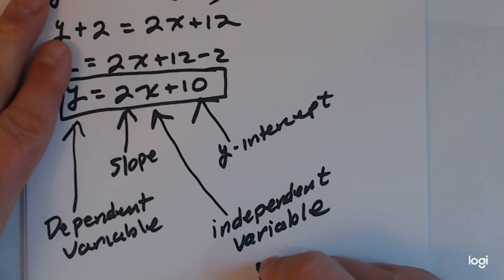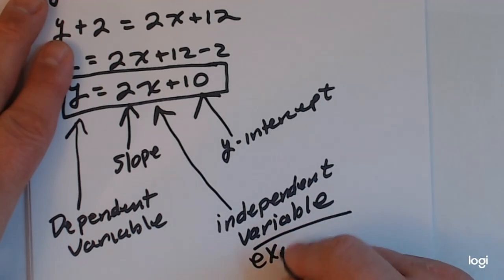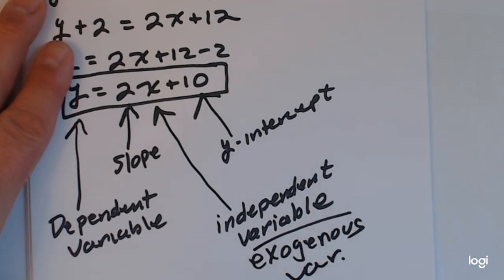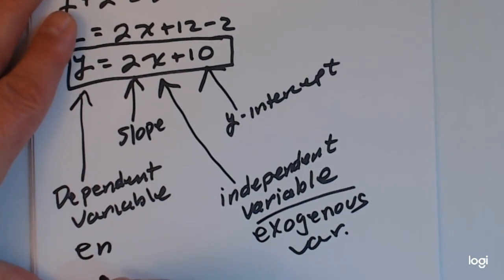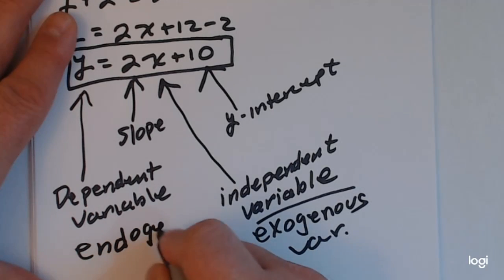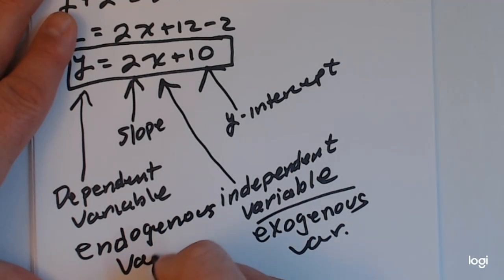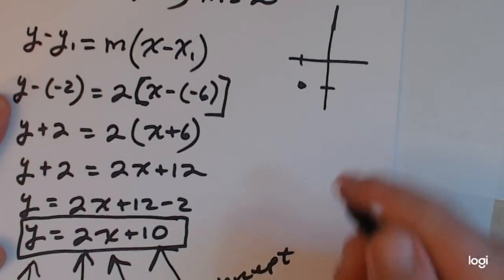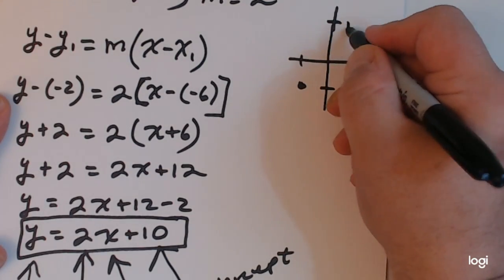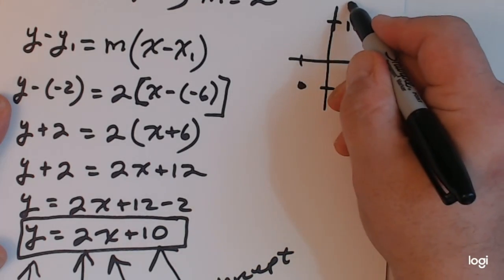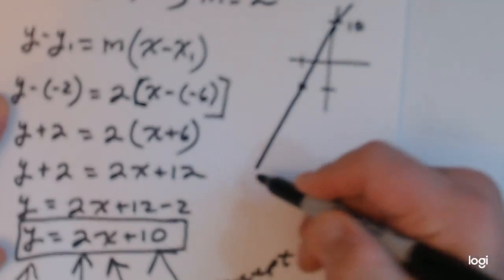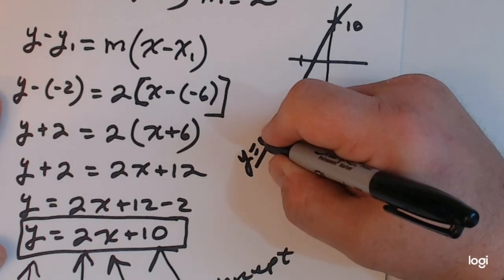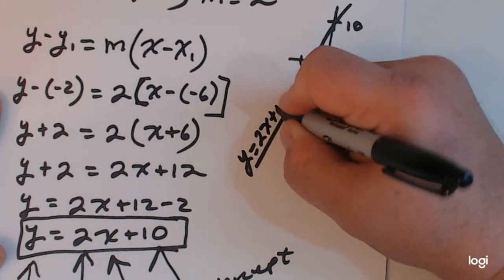So this is also an exogenous variable, and this is an endogenous variable. So 10 is the y-intercept, so it's going to cut it up there. So this is going to look like so. We have y is equal to 2x plus 10.